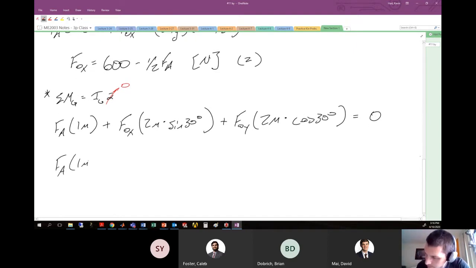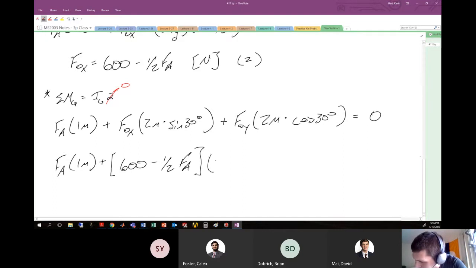So FA times 1 meter, plus FOX, which we solved for in equation number 1, is 600 minus 1/2 FA, times the moment arm. If I do 2 times sine of 30, I get 1 meter.